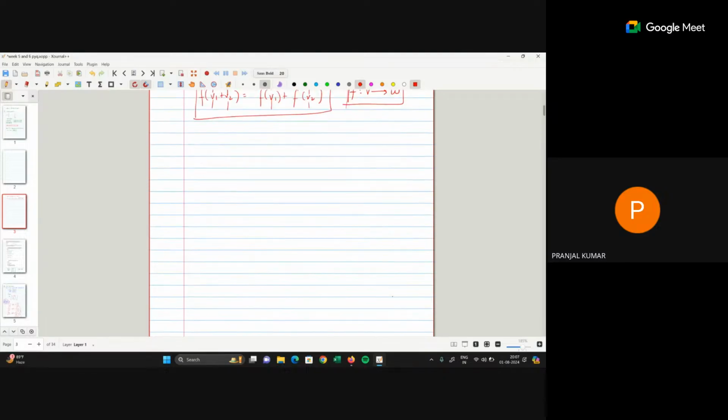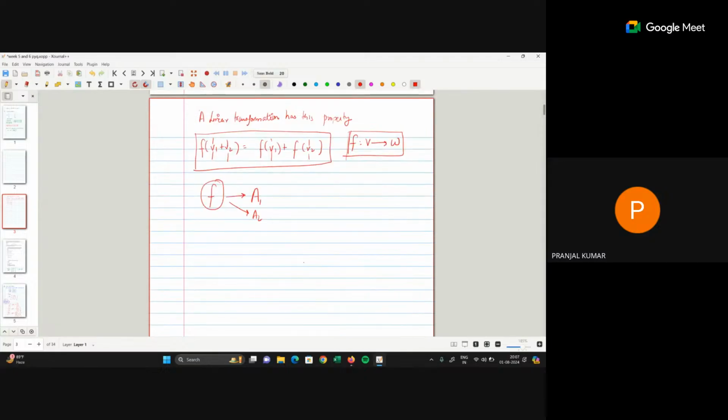Now, corresponding to every linear transformation, there is a matrix associated with it, right? And this matrix need not be unique. There are infinite such matrices, if you keep on changing the ordered basis for domain and codomain, you will get different such matrices.